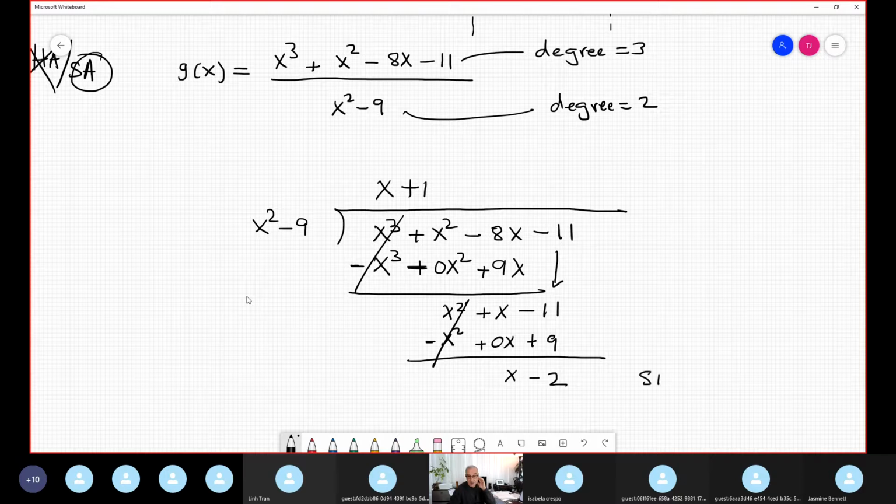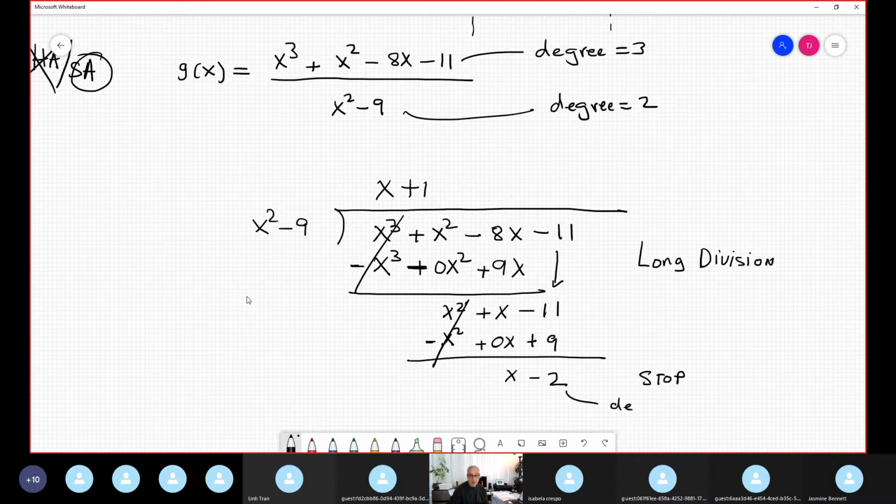And we stop here or we continue the division? How do you know that you stop? How do you know that you stop the long division? What is the clue? We have to stop when the degree is 0? No, exactly. You stop when the degree of the remainder is less than the degree of the divisor.